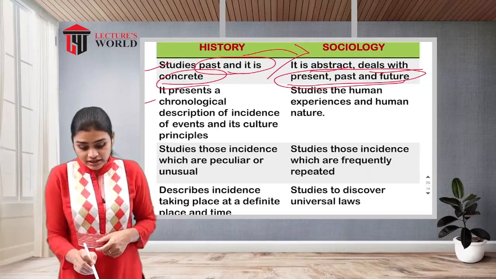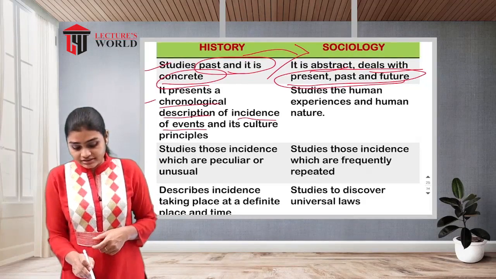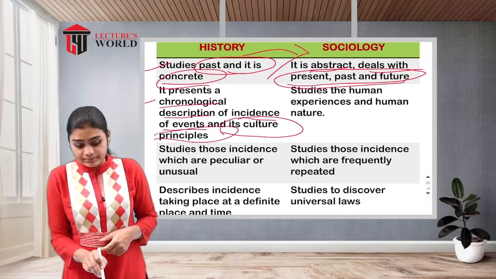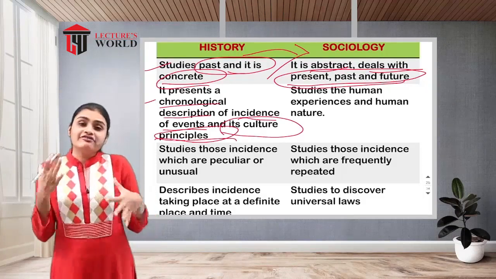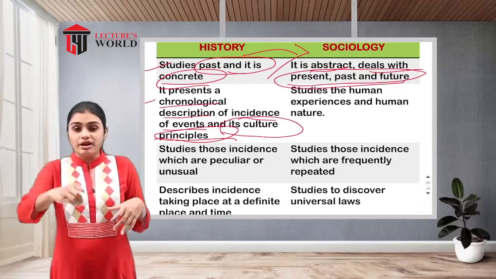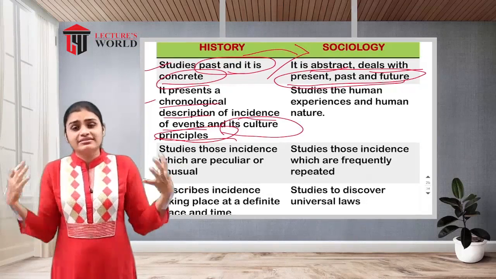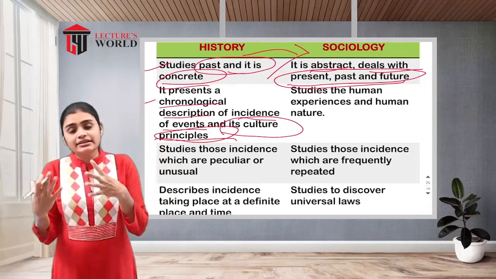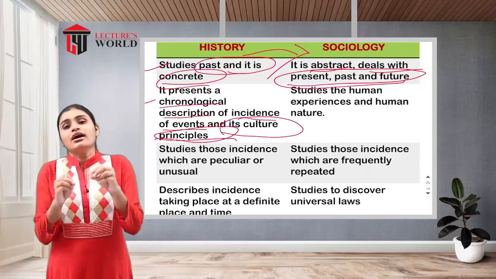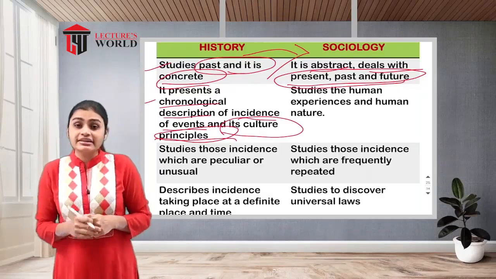The next is, history presents a chronological description of incidents or events and their cultural principles. How a particular event has taken place, step by step, one by one, is going to be listed out, and how the culture and the surrounding factors are involved in those consequences, steps or incidents.